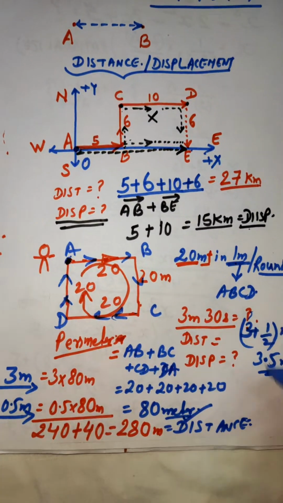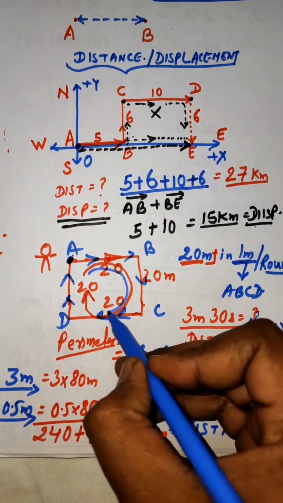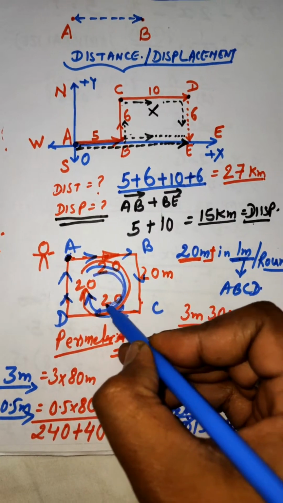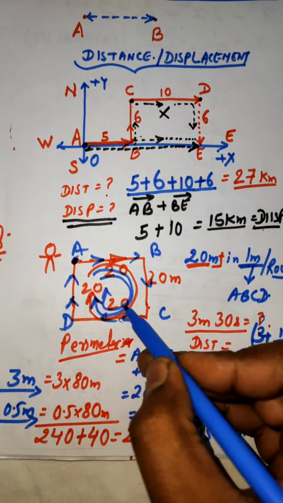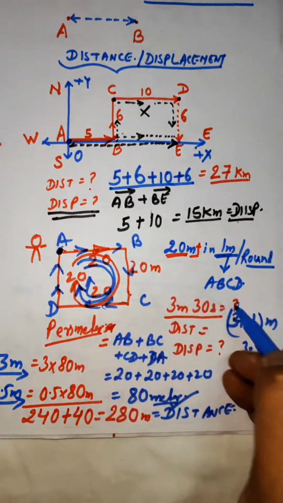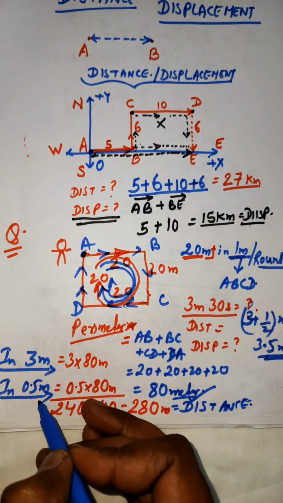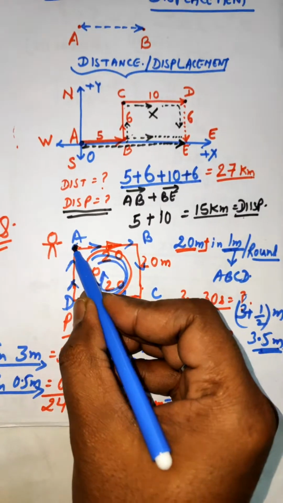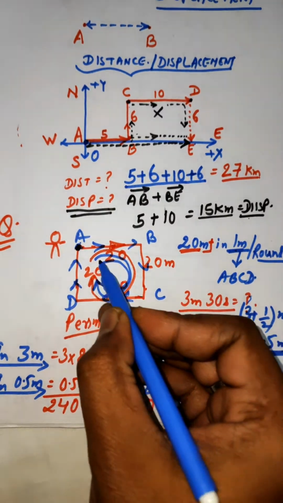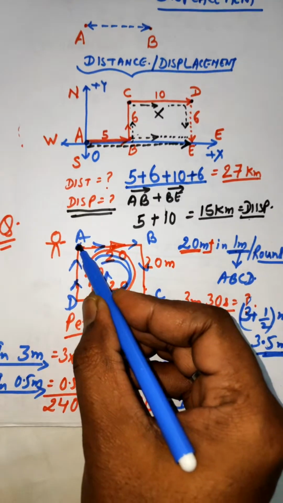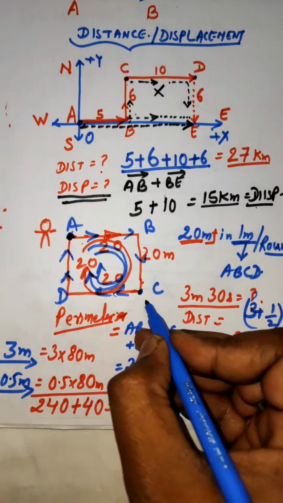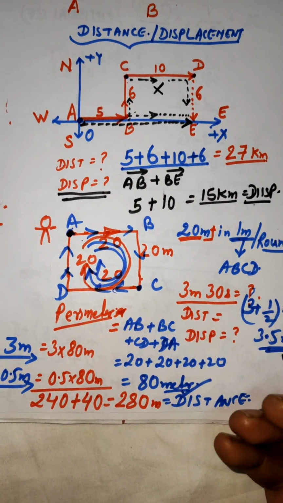Let's say I'm marking with a different color here, then another round. So you can see in 3 rounds he will be again at the same position, and in the last half minute he will cover half the perimeter of this square jogging track. So he will be at position C, right?